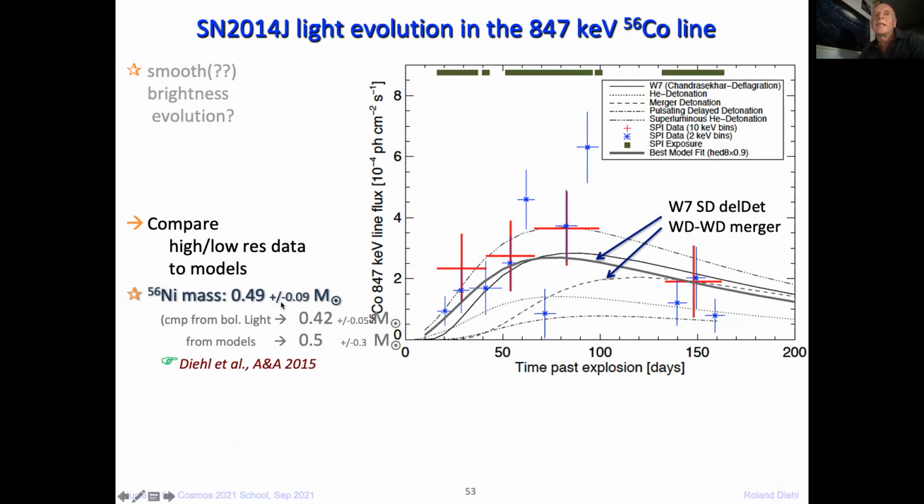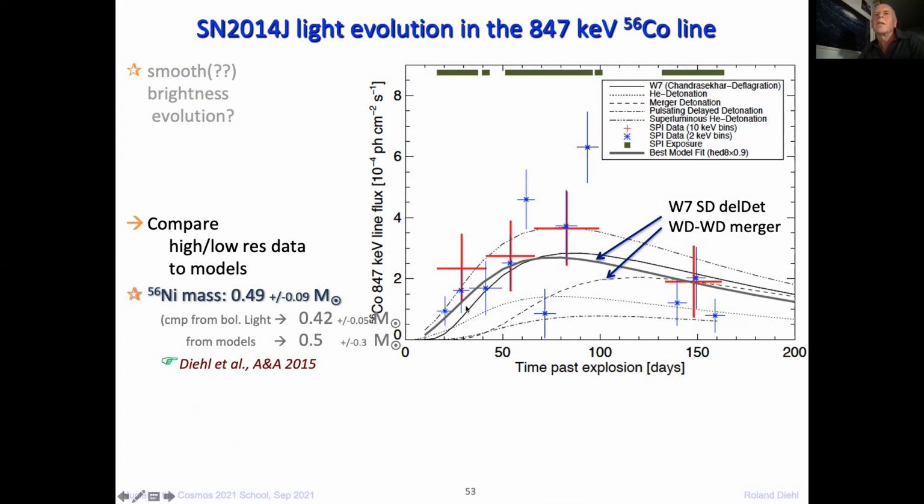So you don't need the radiation transport. You measure the nickel brightness in gamma rays, and from that you get half a solar mass with a fairly small error. And that compares pretty well to the value that was determined with an empirical law from the bolometric light. And models typically also predict something like half a solar mass.